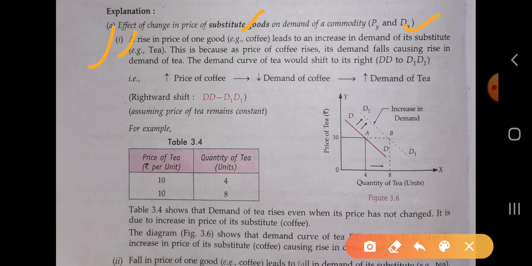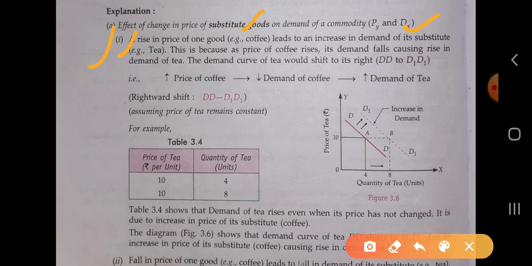For example, when the price of a cup of coffee is almost 100 rupees but increases from 100 to 200, the consumer will shift from coffee to tea because tea is still 80 rupees.